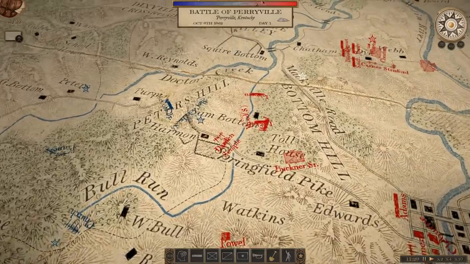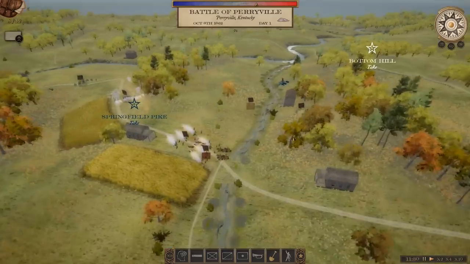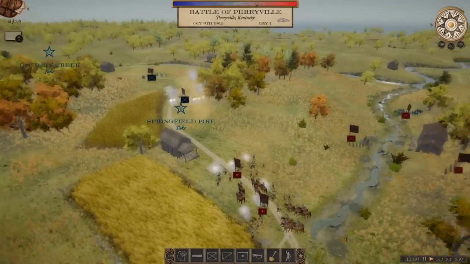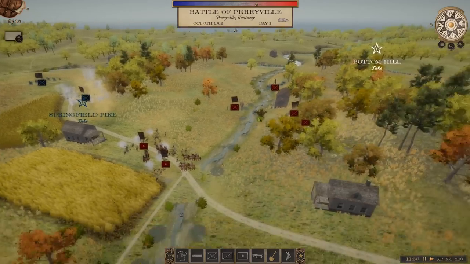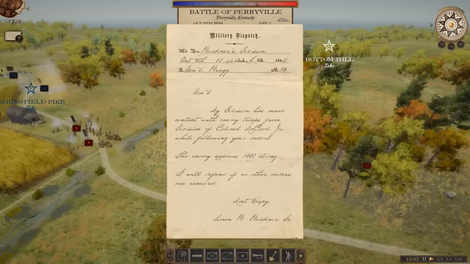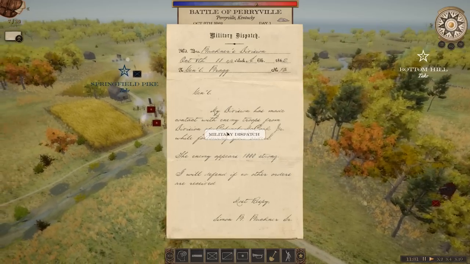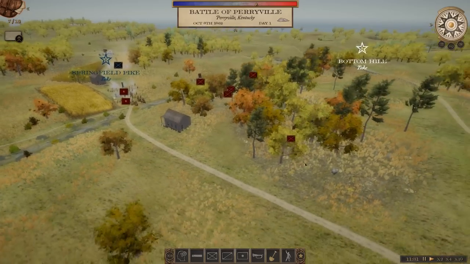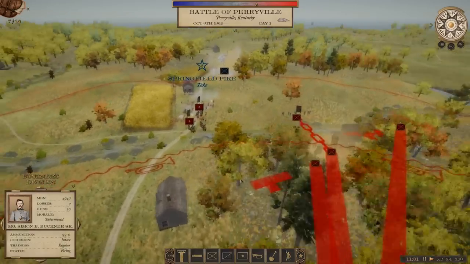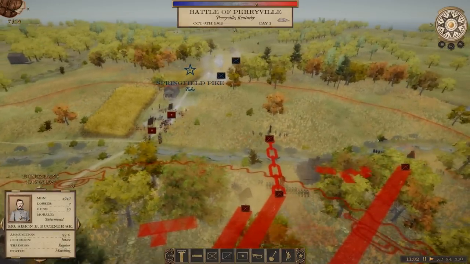So we have now fighting commencing here. And Buckner, the division commander, is also reporting that, okay, his division is now engaged and he's going to defend. So everything that's happening here now is happening under the AI.